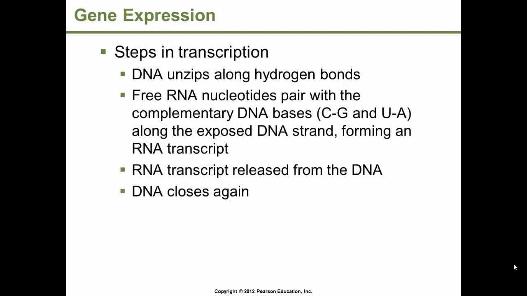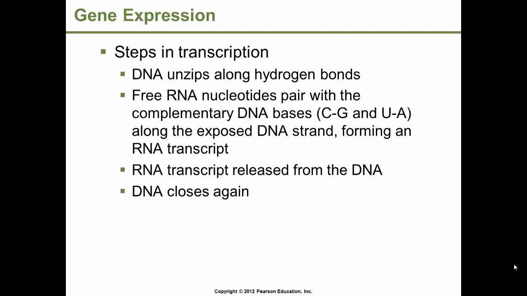The steps in transcription are that DNA unwinds along its hydrogen bonds. Free RNA nucleotides pair with the complementary DNA bases: cytosine with guanine, C and G, and uracil with adenine. Again, there is no thymine nitrogenous base in messenger RNA, and that's an important discrepancy to note between the two.